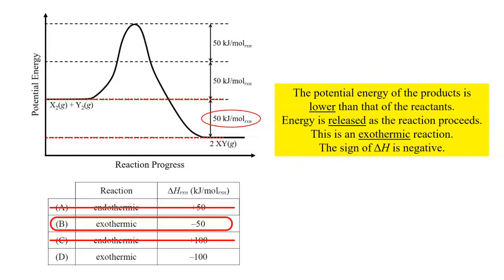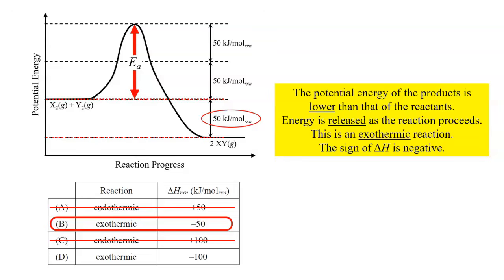Incidentally, even though this question did not ask for the activation energy, this is what that would look like. If I were to label the activation energy, it would be 100 kilojoules per mole of reaction. But that's not what this question was talking about. So again, the correct answer to question 3 is exothermic, negative 50 for the delta H, which is choice B.